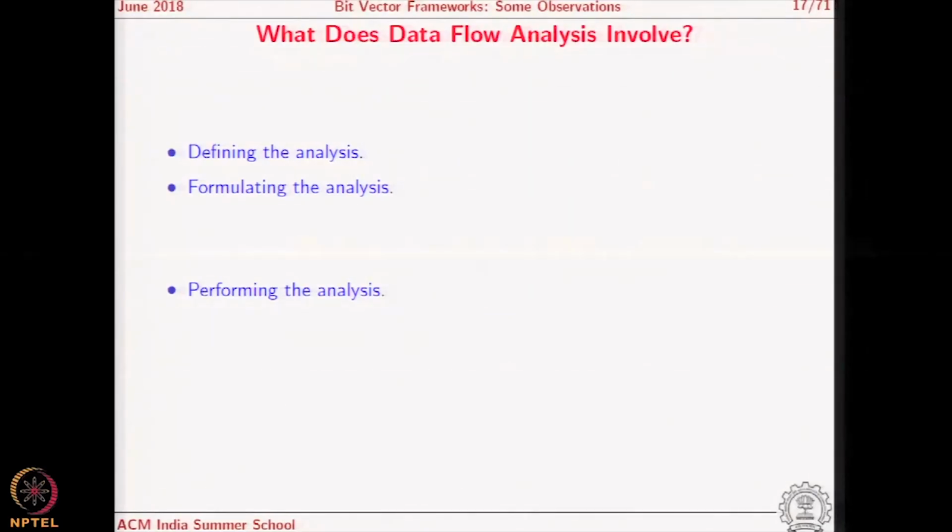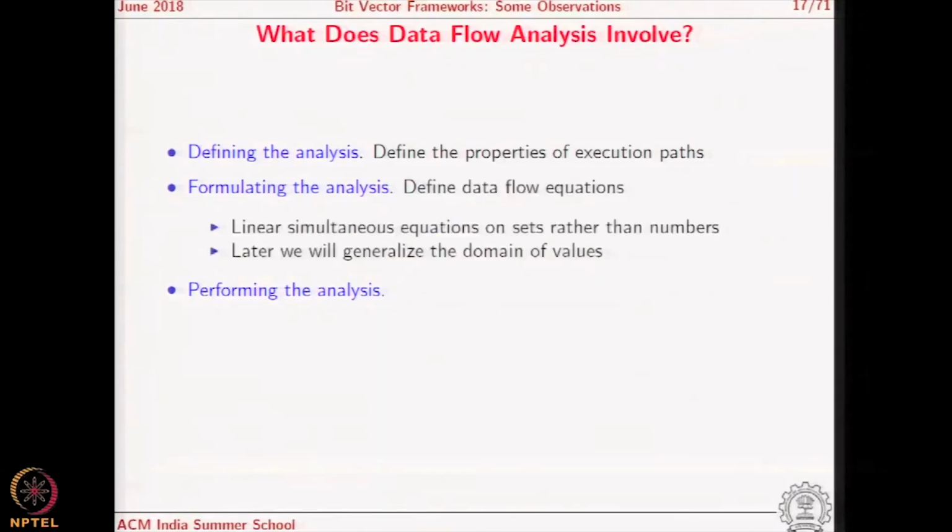In order to define the analysis, we define the properties of execution paths. In order to formulate the analysis, we define data flow equations, which are linear simultaneous equations on sets rather than numbers. Later, we will generalize the domain of values. Performing the analysis means solving data flow equations for the given program flow graph.